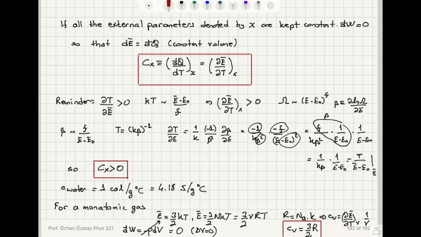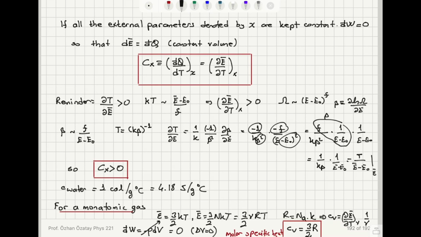It's always a positive value. And examples for specific heat we gave: for water 1 calorie per gram degree Celsius, and for a monatomic gas the molar specific heat is 3/2 R.